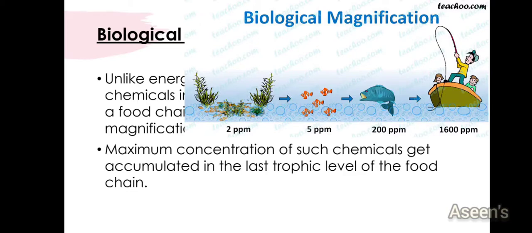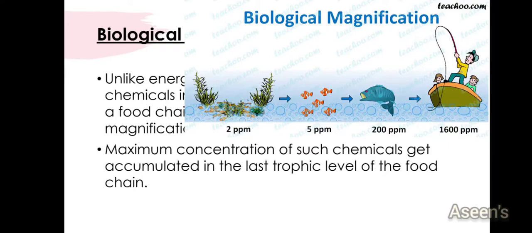But what we are actually talking about over here is chemicals. Concentration of harmful chemicals increases with every next trophic level in a food chain. So if somehow harmful chemicals enter a food chain, then as it is moving from one level to another level, its amount is increasing instead of decreasing like in all the other cases.